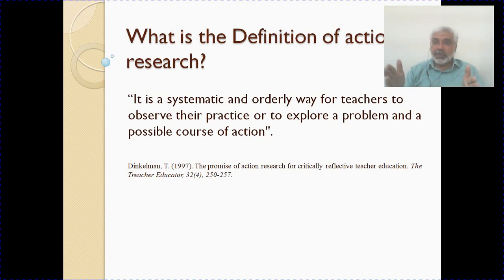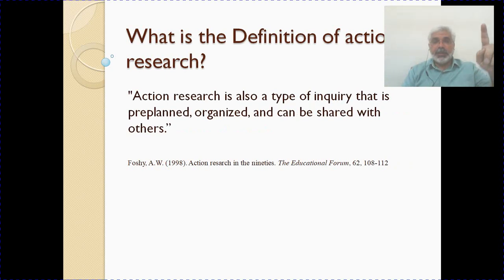Steps or ordered, first, second, third, for teachers. Here, it is just saying that this is for teachers. It could be not just for teachers, practitioners, to observe their practice. So we are going to observe, reflect, and explore the problems that teachers are encountering, teachers are facing, and if there is a possible solution, possible course of action. This is the second definition.